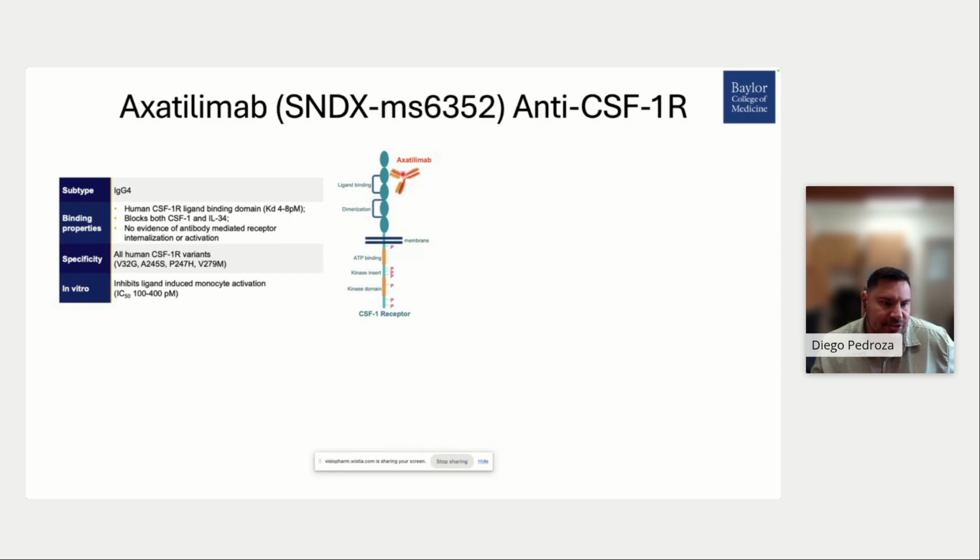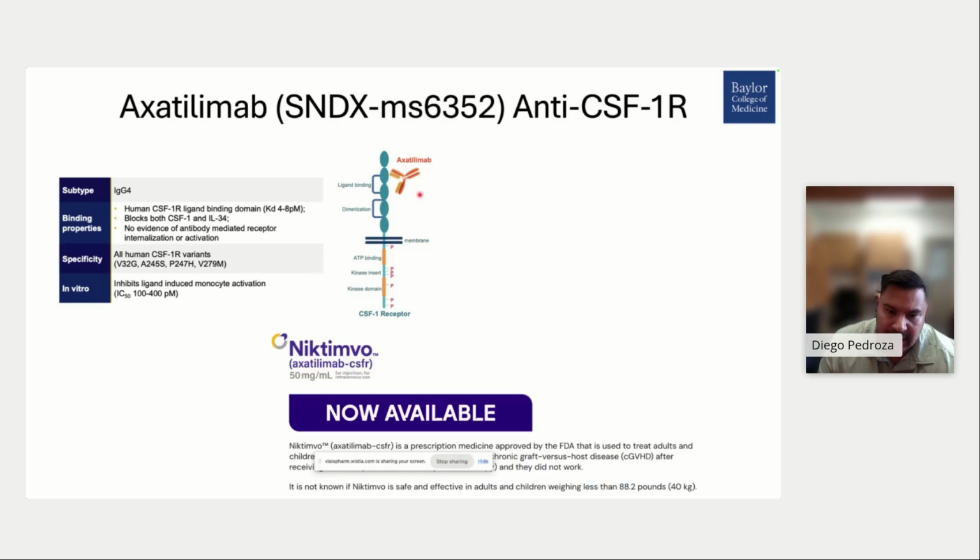In this case, we use a drug or an antibody called axatilimab. This is a monoclonal antibody that can bind to a surface receptor, in this case CSF-1R, and it can directly bind to CSF-1R, impeding the activation or downstream signaling of the CSF-1R receptor.